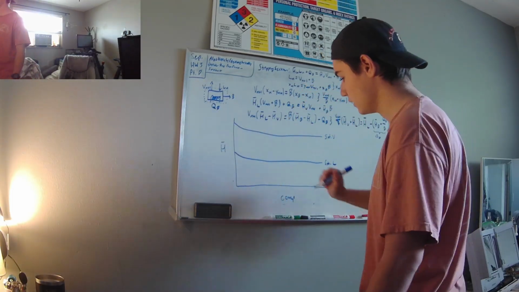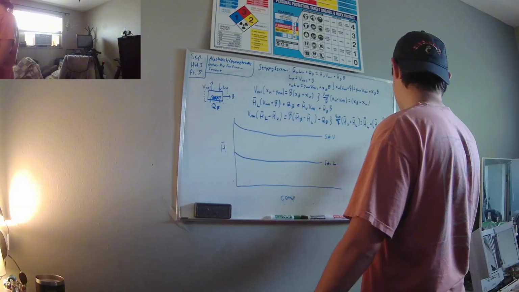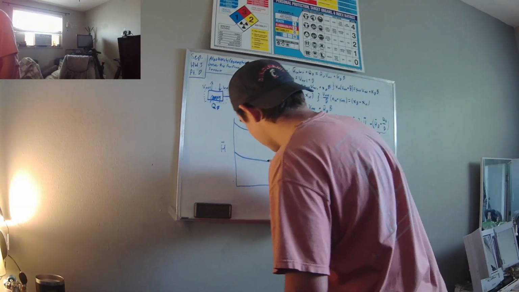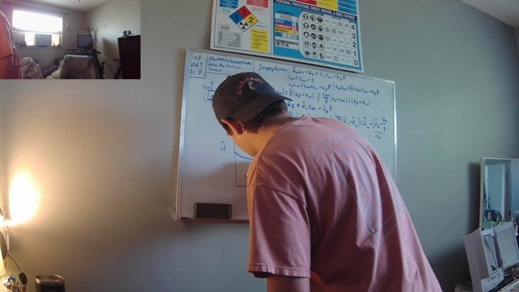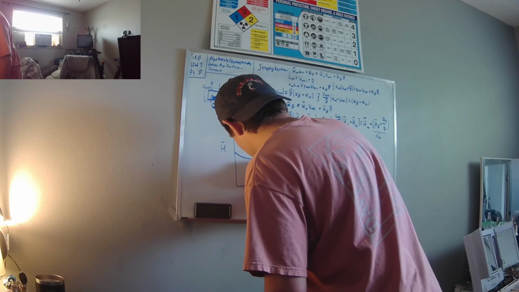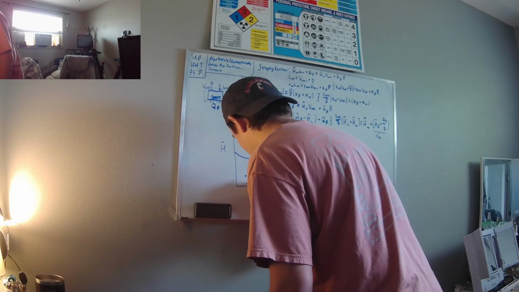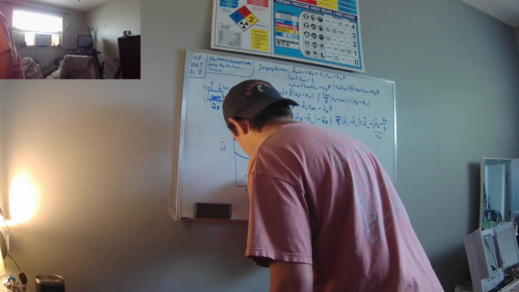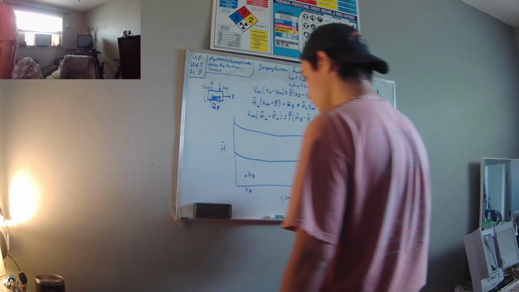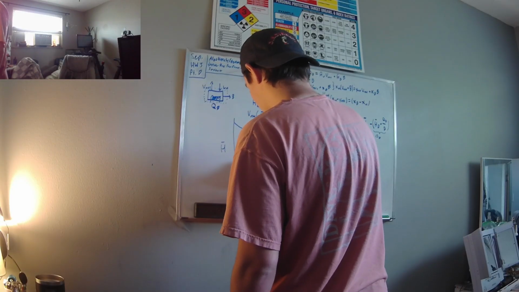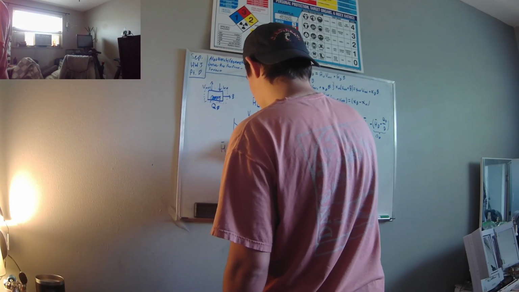And this time, since we're starting at our bottoms in our stripping section, we're going to define our delta B as being right here at our XB, our bottoms composition. We're going to draw our line to the vapor.